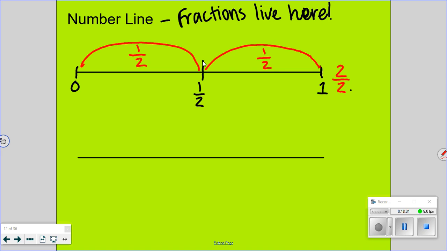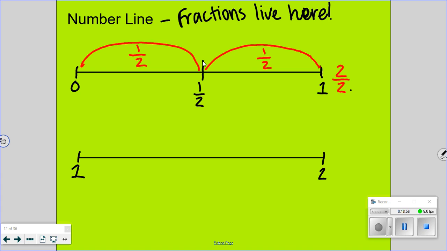Fractions live between every number, not just 0 to 1. So now let's zoom in. We're going to scooch over just a little bit between 1 and 2. Fractions live there too. In between every single number, there are fractions.